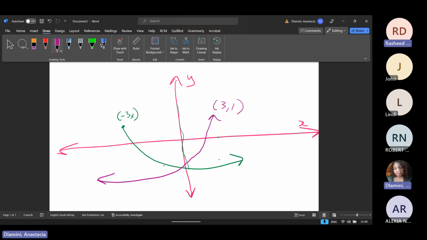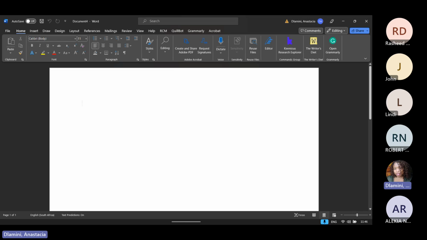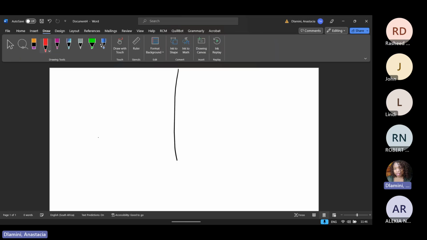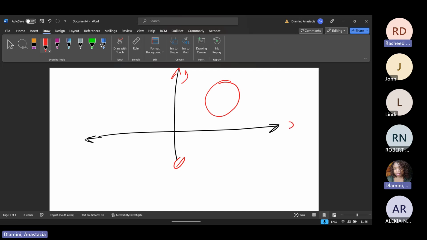Okay, so there's a reflection about the x-axis and there's a reflection about the y-axis. That's why I'm saying it's important that you know the transformations. Then this work becomes pretty much easy. Let's say I have the axes here, and they tell you to reflect about the y-axis. It just means that, remember the mirror.